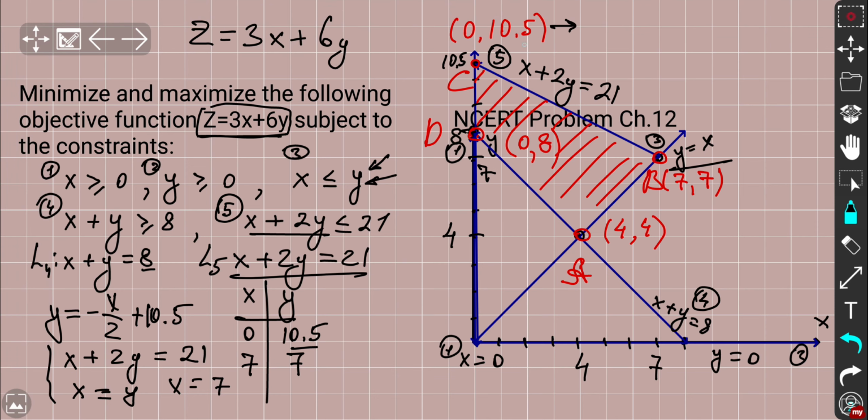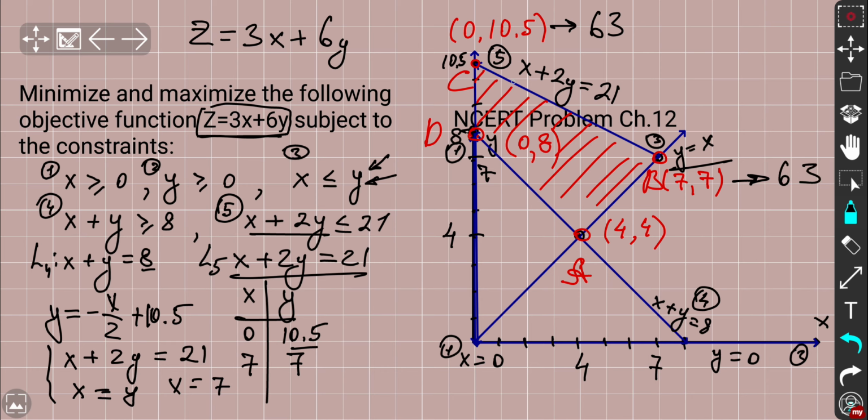If I plug 10.5 and 0, I'll get 63. Next one, if I plug those coordinates, for 7, 7, I'll get 21, and in total I've got 63 here.